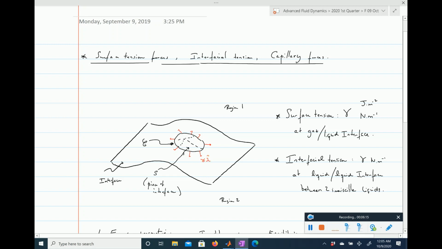So here think about this force as a force which is going to try to flatten out every single bump, or maybe not to make it as flat as possible, but to reduce the surface area as much as possible.